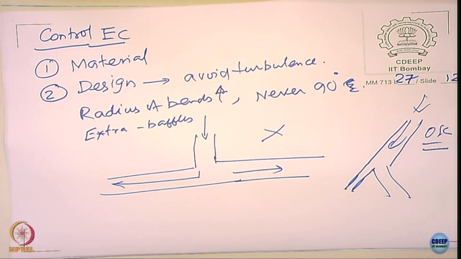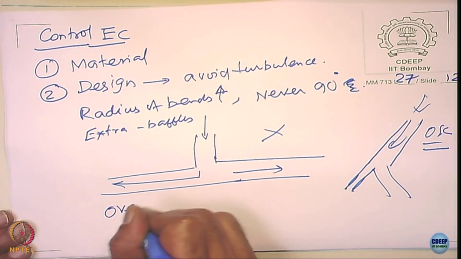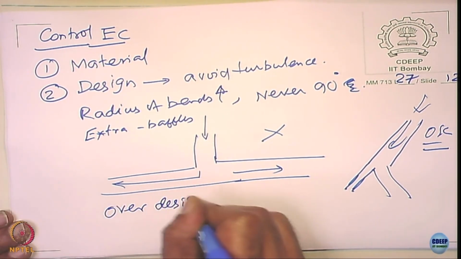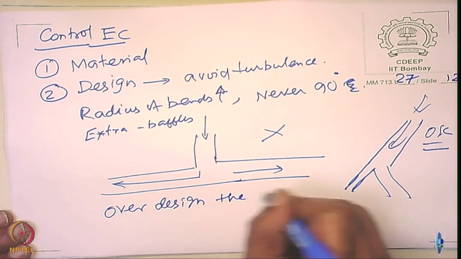These are only examples. They are not exhaustive by themselves. Look at over design. Place over design where the critical parts are.